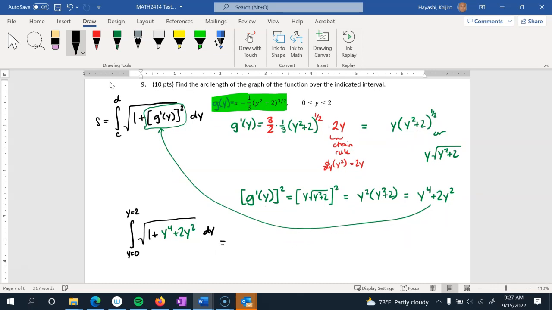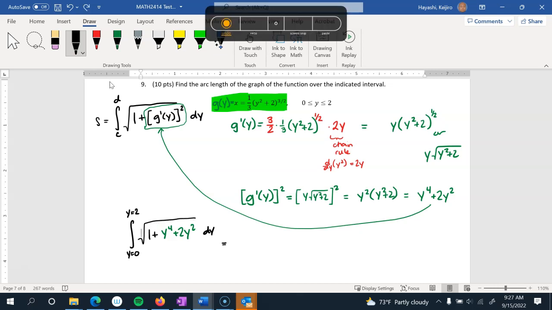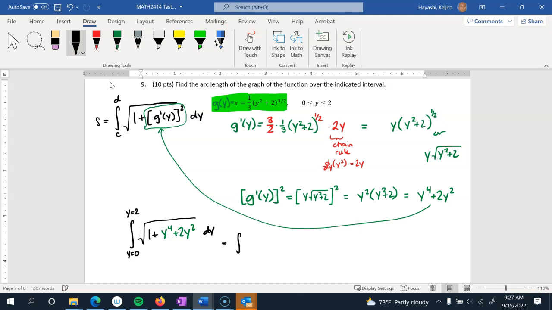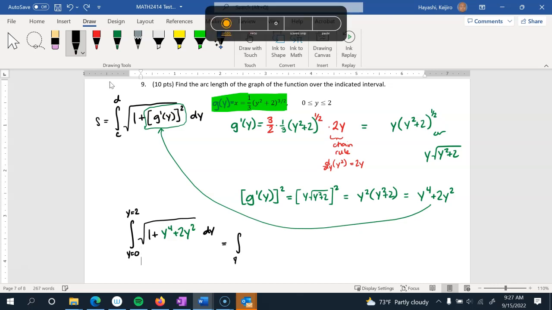And as usual with these arc length integrals, you want to be able to write this as being some kind of square, so that it cancels out with the square root. And you can do that, and it's easier to see if you reorder the terms. And we actually did something very similar to this, if not this exact same thing, on Tuesday.